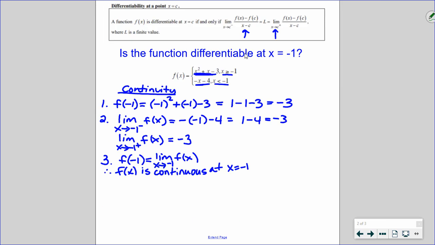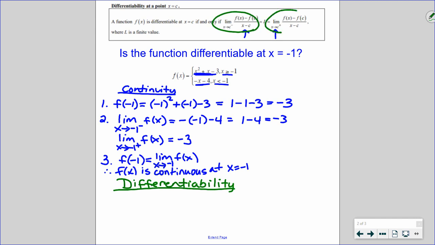Okay, so to check the differentiability, don't forget that a derivative actually is a limit. So we are, in a way, making sure that the one-sided limits are the same, because that would have to be true for the two-sided limit to exist. But we're not going to go back to the old way.